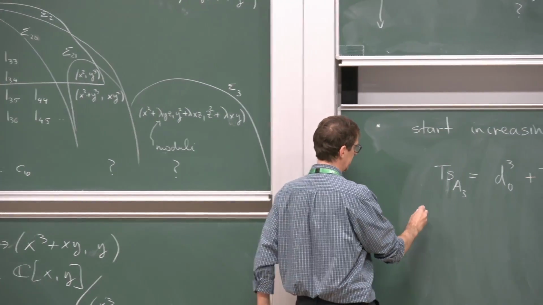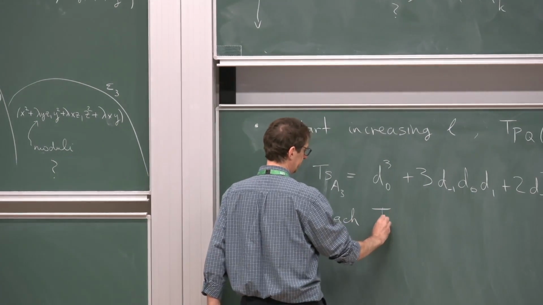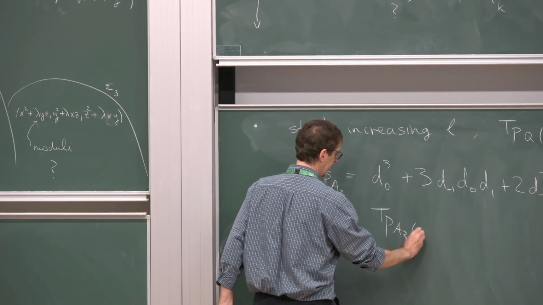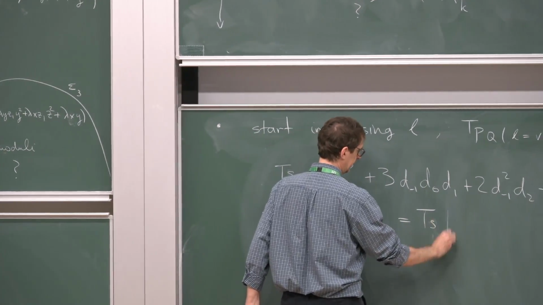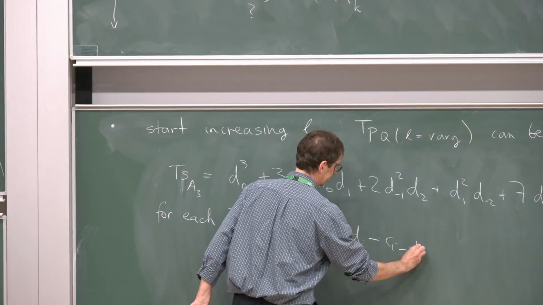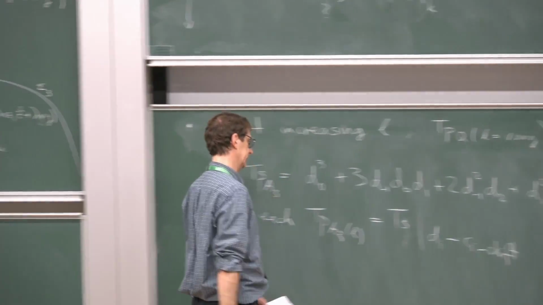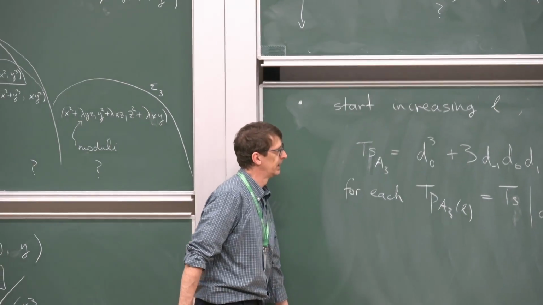Such that each individual Thom polynomial A3L can be obtained from the Thom series by di equals a ci shift, which, if you want to find the exact statement, you look at the picture.